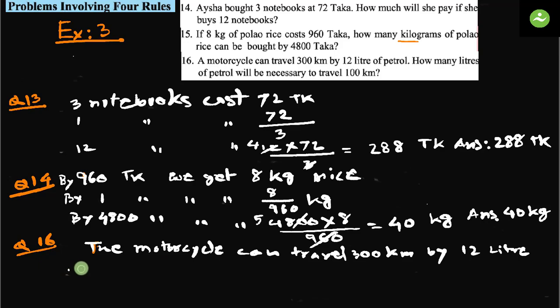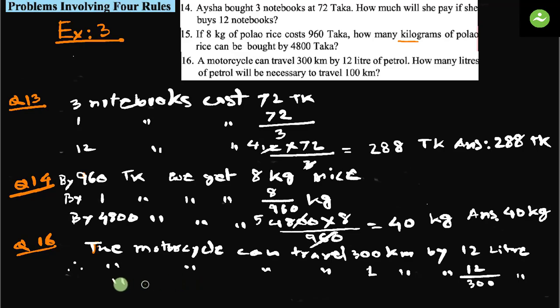Therefore the motorcycle can travel 1 kilometer by, should it be more or less? It should be less. If it is less, the 300 should go below. Always, if it is more, we put it at the top, and if it is less, we put it at the bottom. So 300 should go here, and liter.